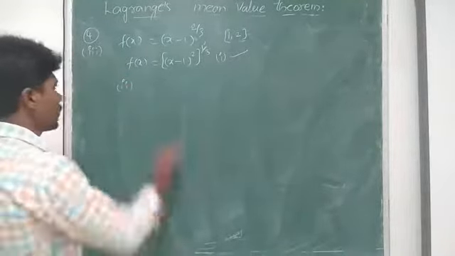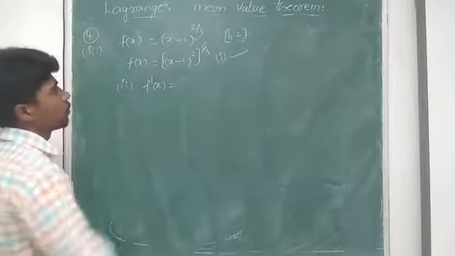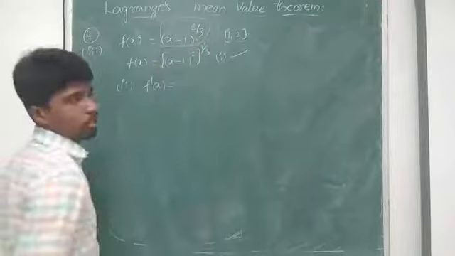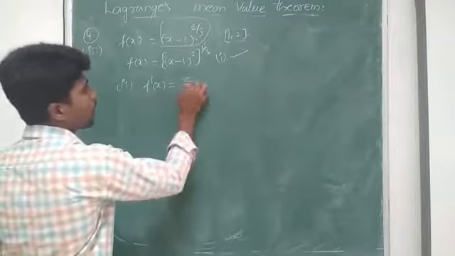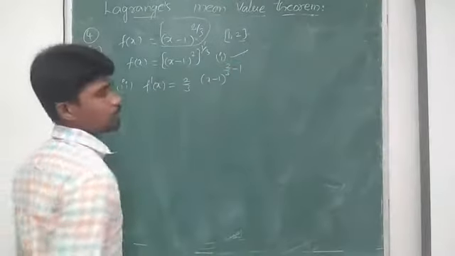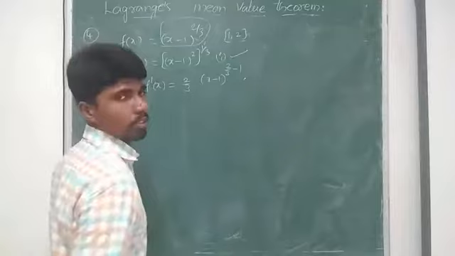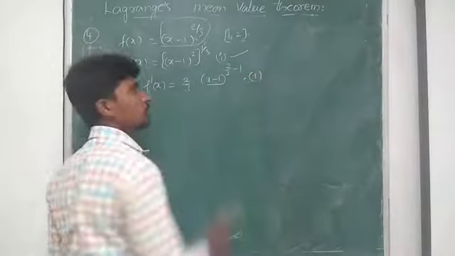For differentiability, I have to find its derivative. Find f dash of x. F dash of x is equal to, it looks like the form x to the power of n, into x minus 1 power n minus 1. So in place of n, I am substituting 2 by 3, into the derivative of x minus 1, which is 1.